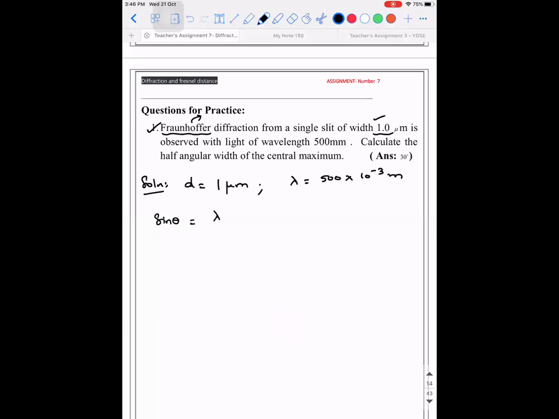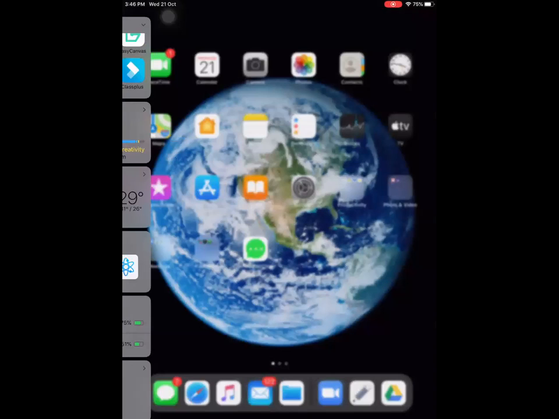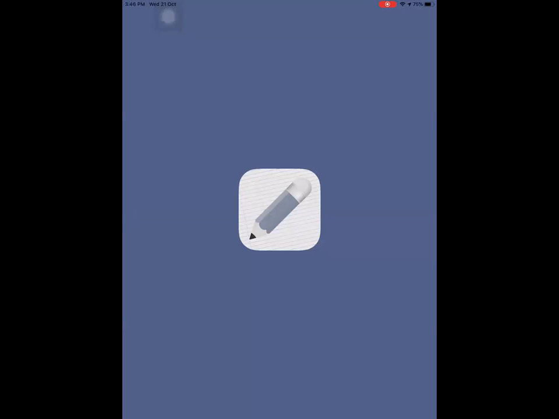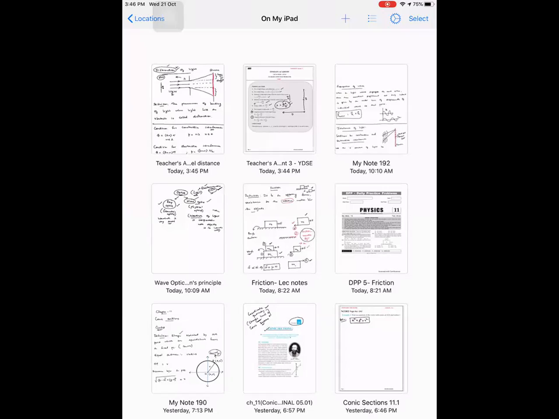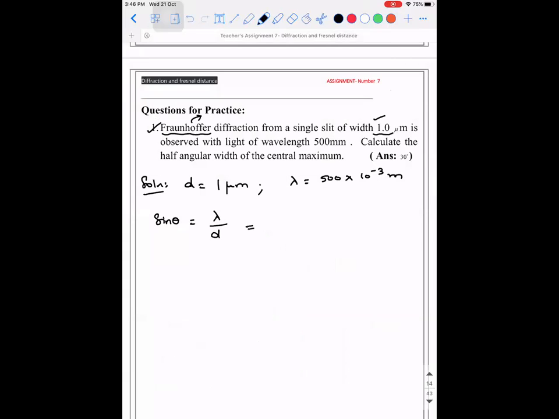So sine theta will be equal to lambda divided by d. Lambda is how much? 500 into 10 power minus 3 divided by d, which is 10 power minus 6, 1 micrometer, right?